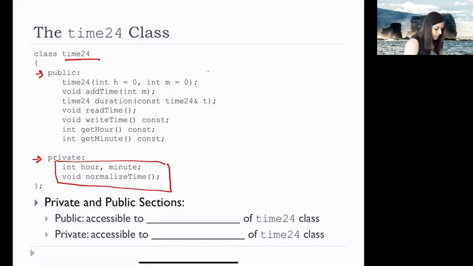Recalling that, what do you think will answer these two blanks? If the label is public, then these data items and member functions are accessible to what of the Time24 class? What is the accessibility permission for public?